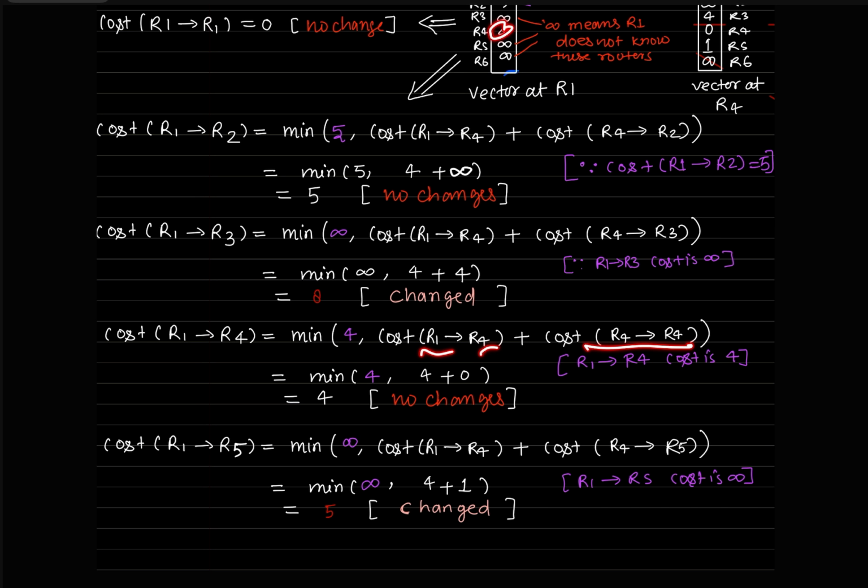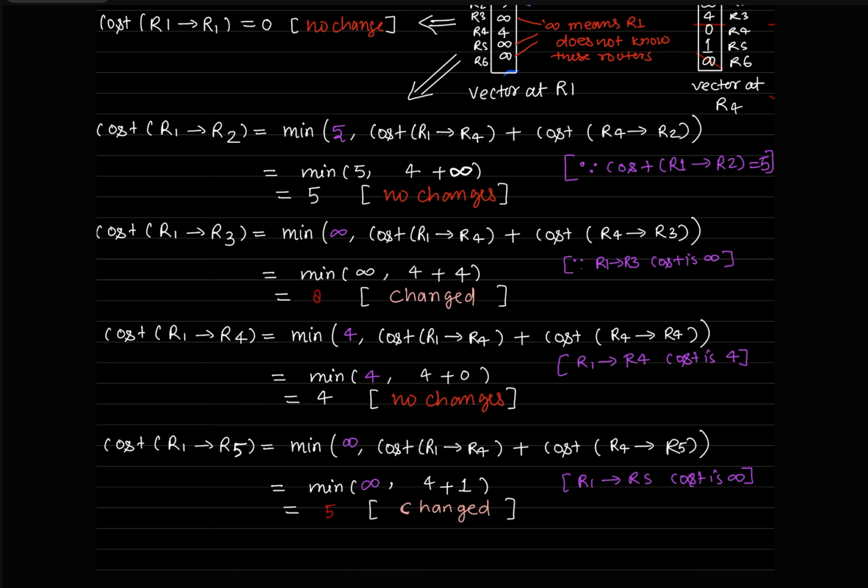Similarly, you compute for R1 to R5. In this vector it is given as infinite. The cost of R1 to R4 is 4, so you write 4 here. The cost of R4 to R5 is 1. You write 4 plus 1 here, and take the minimum of these two numbers, you get 5.